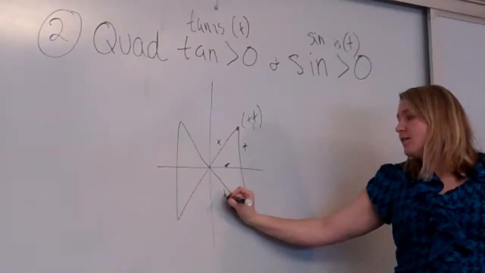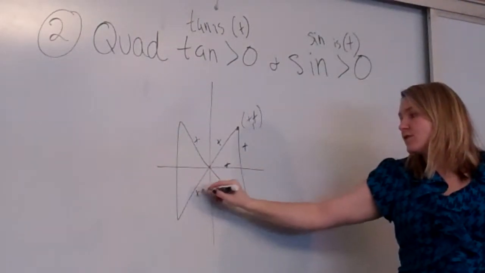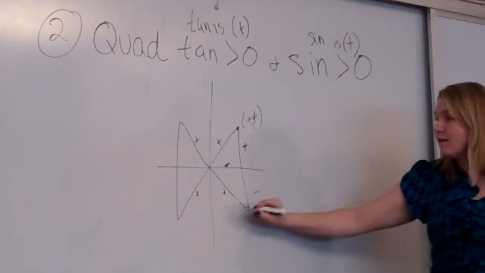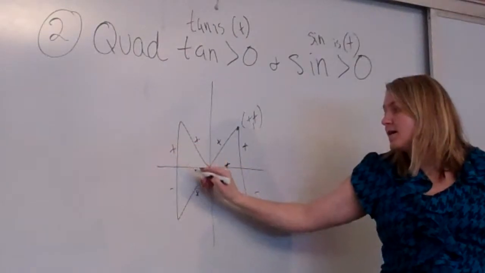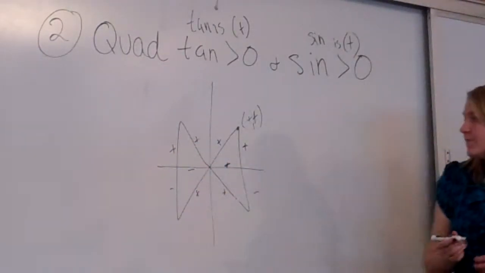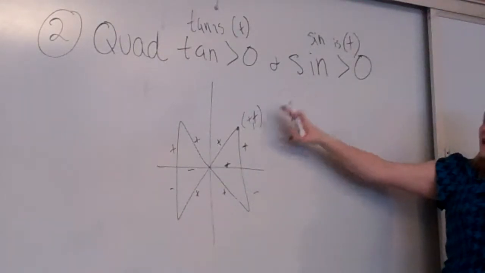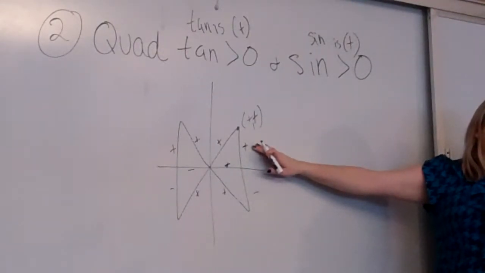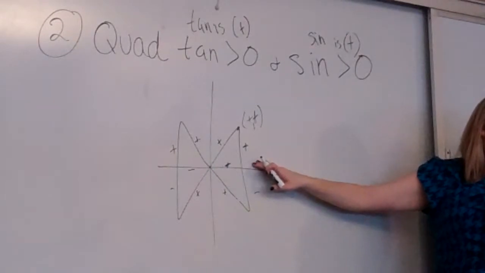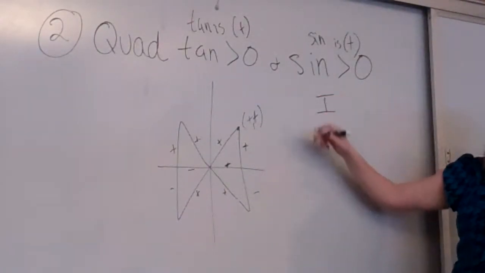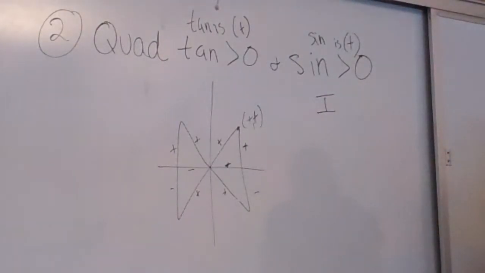Now, over here, we always know that the hypotenuse is going to be positive. This down here, though, is what? Negative, negative, positive, negative. So, tangent is positive here. Sine is positive here. Because everything's positive, right?